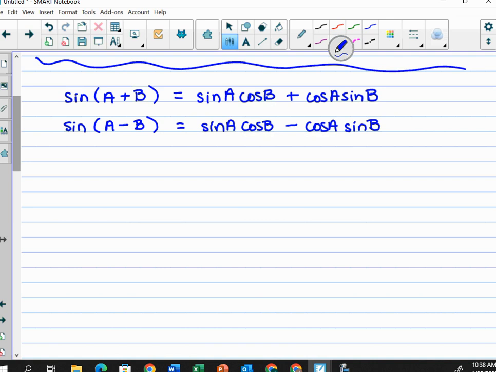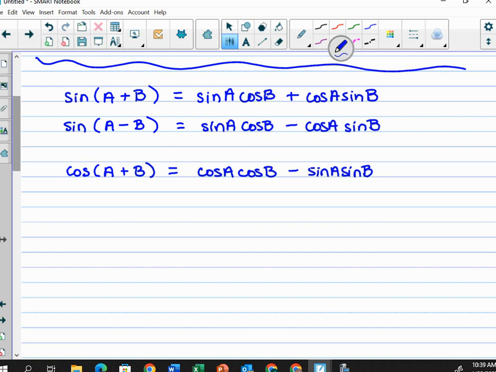Cosine gets 2 formulas too. They are a little bit different. When I have cosine of A plus B, that is cosine of A cosine of B minus sine of A sine of B. I'm guessing when it's A minus B, it's gonna be.